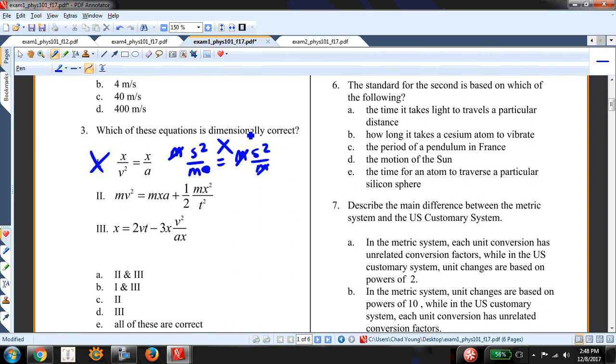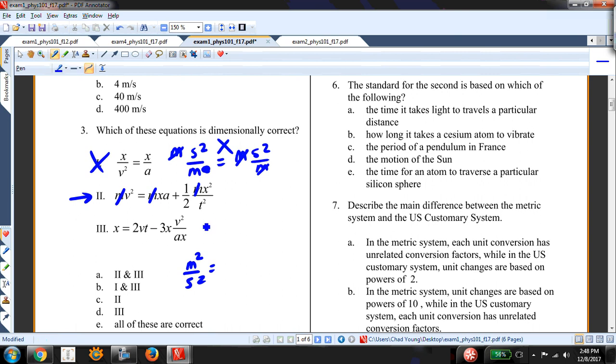Now, let's look at the next one. I have kilogram meters squared per second squared. That's this first one. Is equal to, actually, let's simplify this a little bit. I'm going to get rid of the meters, because I can get rid of it all the way throughout. I'm also going to lose the kilograms, because I can divide through by m on each side.